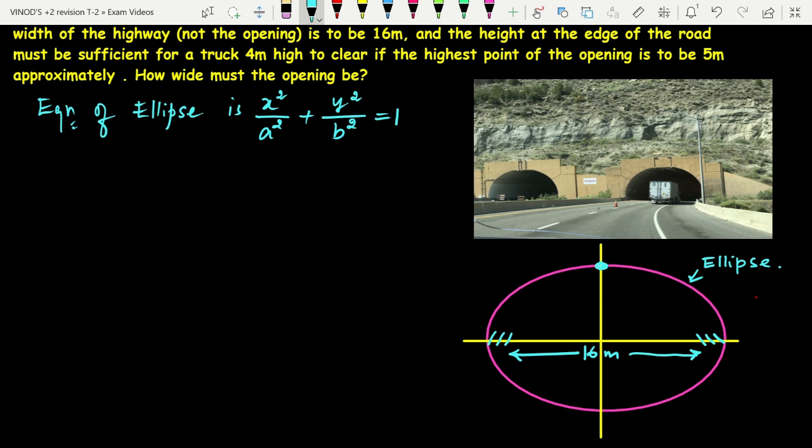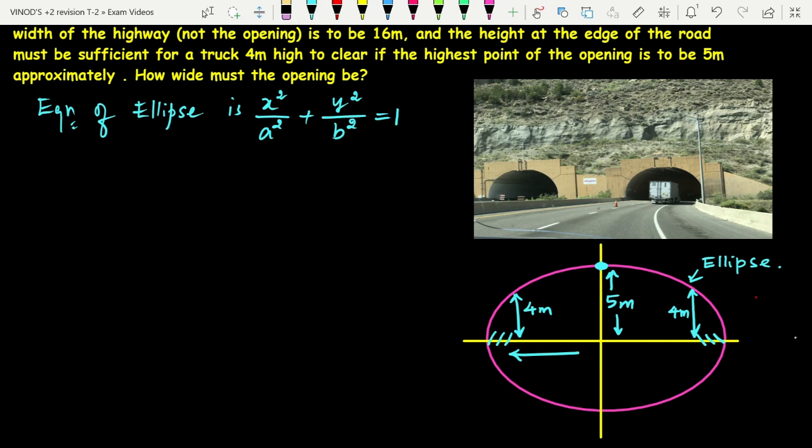The tunnel is 16 meters wide. The highest point of the tunnel is the midpoint on the top, that is given to be 5 meters, and a truck of height 4 meters has to clear the tunnel site. So 4 meters is marked on the left and right.